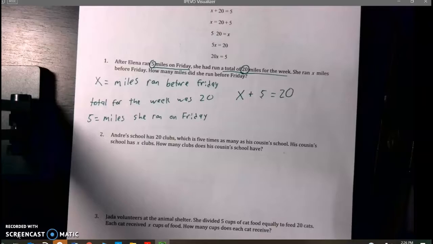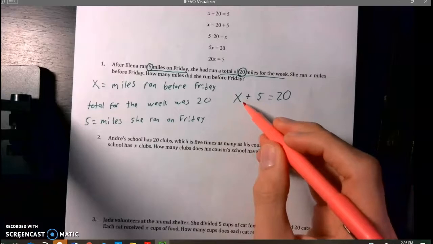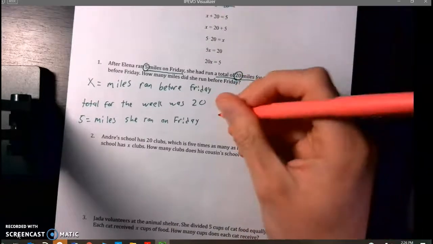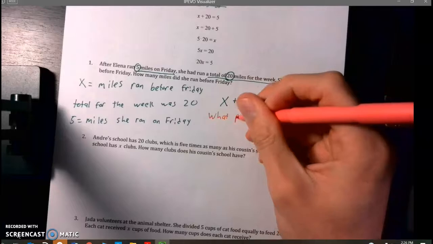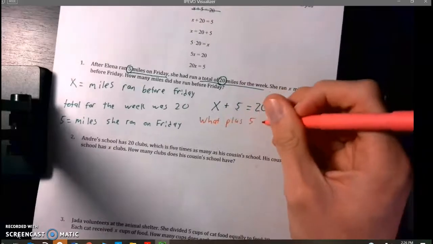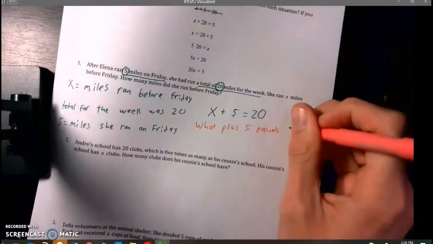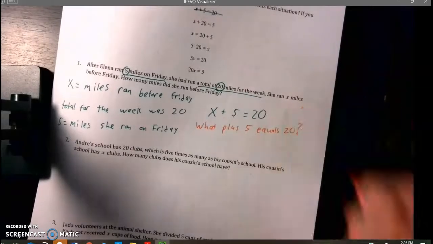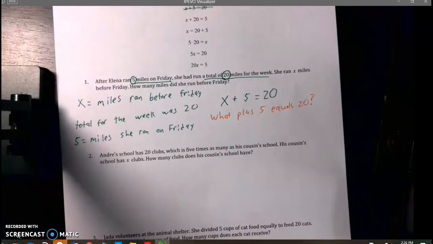So now let's actually solve this. So if we want to find the miles she ran before Friday, whenever we solve for a variable, as mentioned previously, we can turn this into a sentence replacing X, or the variable, with the word what. So, what plus 5 equals 20. And we can just figure this out in our head, that 15 plus 5 equals 20.